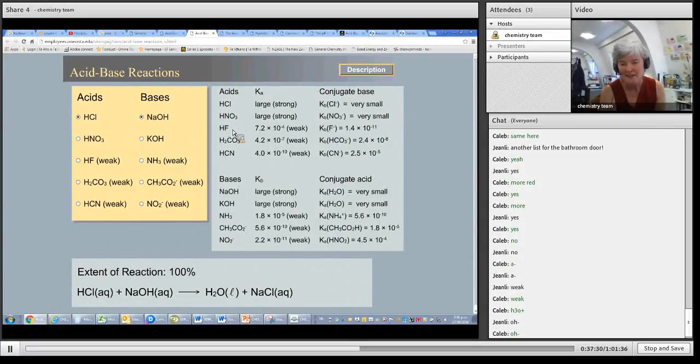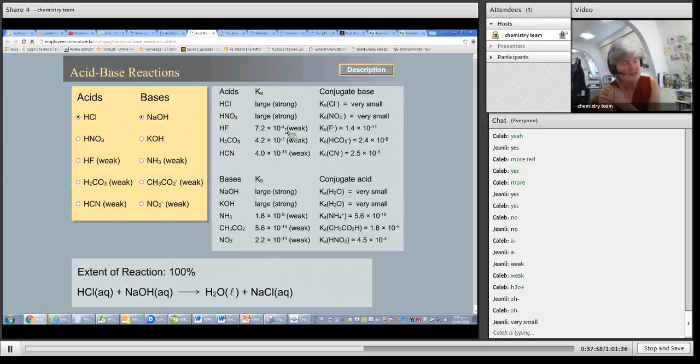What do you think Ka would be? Would it be small or big? Very small, because most of my stuff is lying towards the reactants and not towards the products. And so your Ka is always going to be quite small. Now we'll look at how this works. It's based on water, so don't worry too much about that.